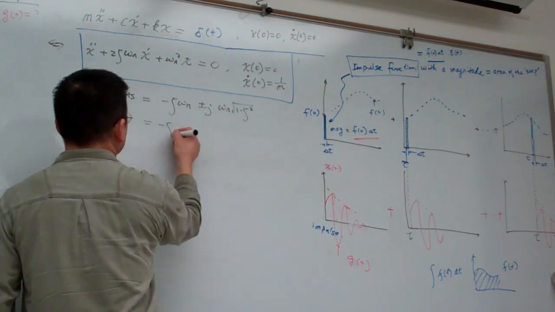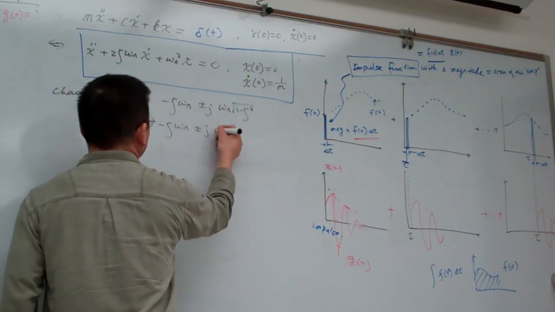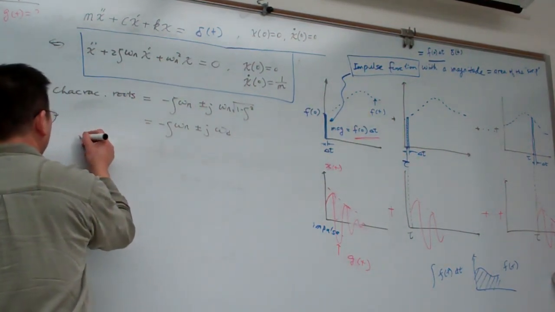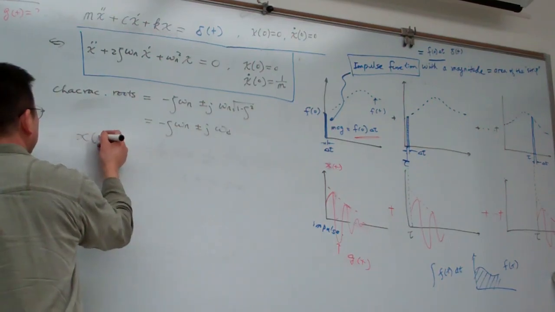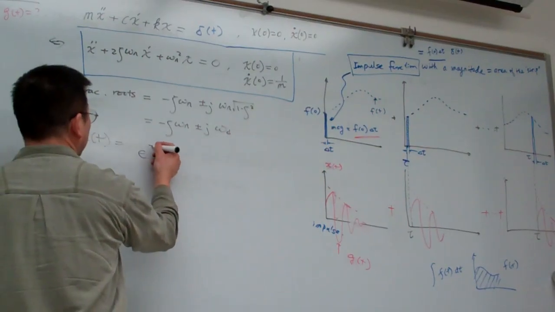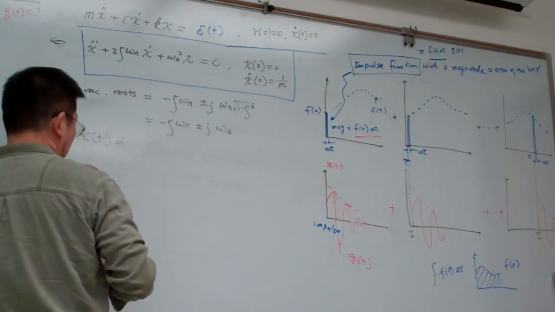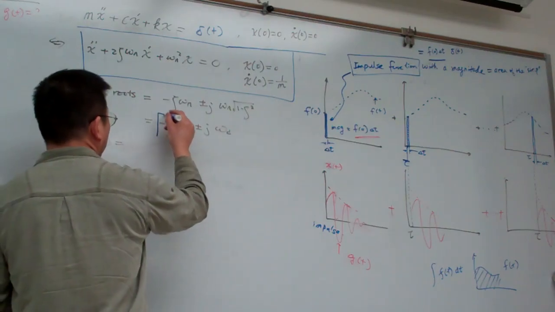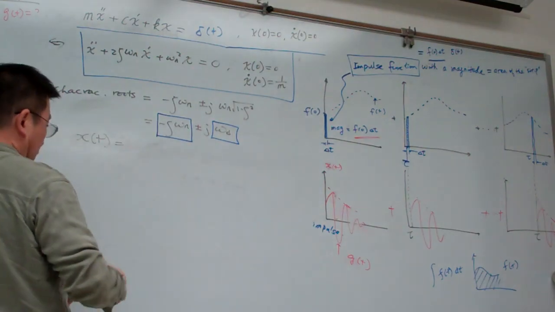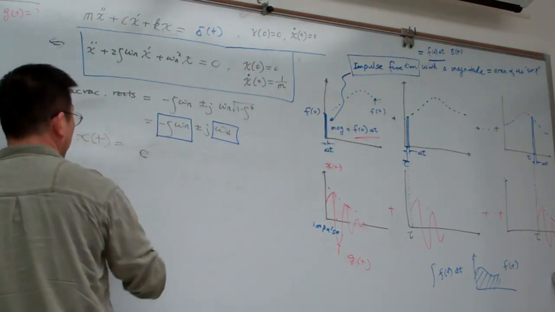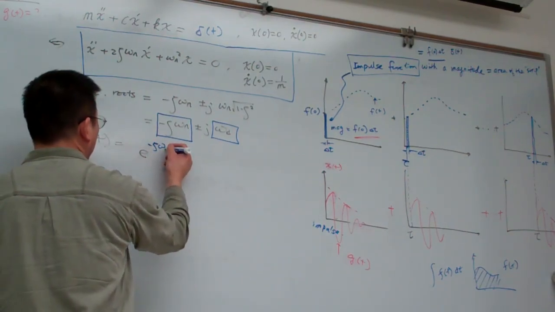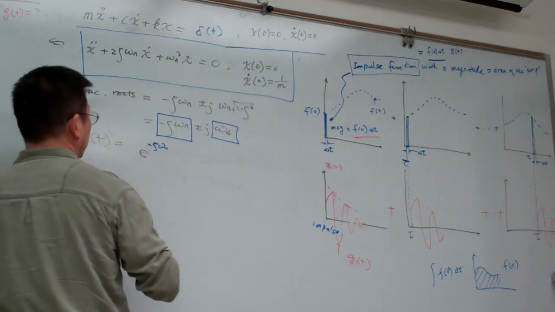We define this using omega d. So the solution equals e to the minus; this is the real part, and this is the imaginary part. For this response, the exponent is the real part, minus zeta omega n t.